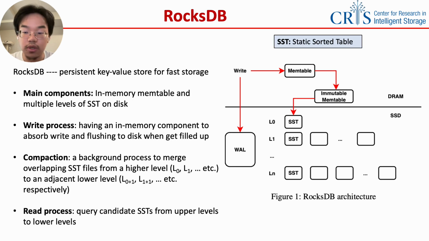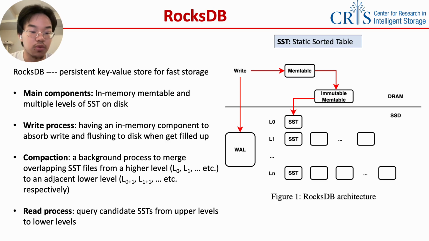So speaking of RocksDB, it is a persistent key value store for fast storage, and its main components include the in-memory mem table and multiple levels of SST files, which are stored on disk. The write process is that we first put the key value pairs into the in-memory mem table, and when the mem table gets filled up, we flush them into the SST files on disk.